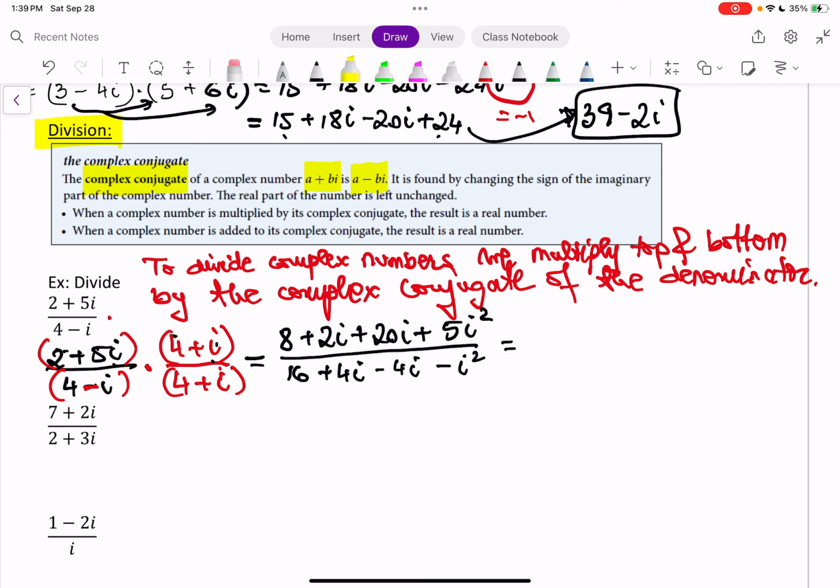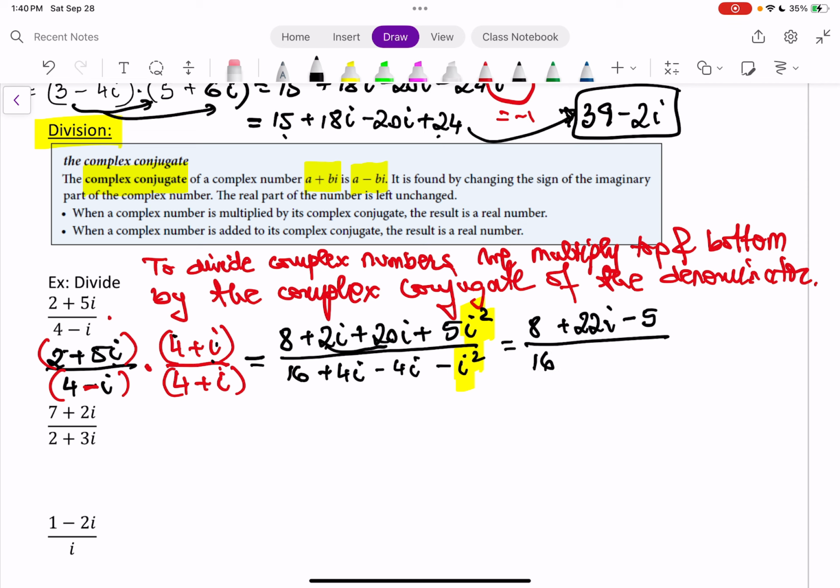All right. Now, before we go on, we're going to change any i squared to a negative 1. You might as well combine the i's; you don't need to copy them all. It's 22 of them. But 5 times, again, i squared is a negative 1, so that changes that 5 to a negative 5.